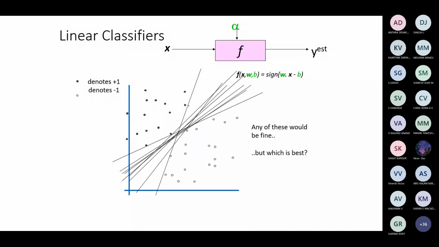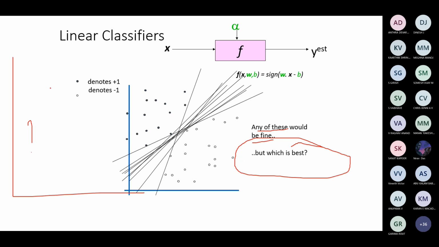Or I can draw any number of partitions. Can you see, students, how many partitions I've been drawing? Any of these would be fine, but which is the best classifier? That is what we are going to find out.